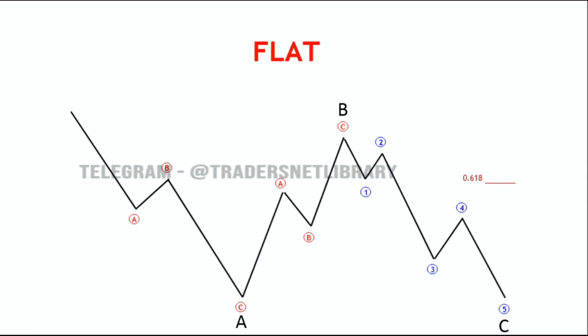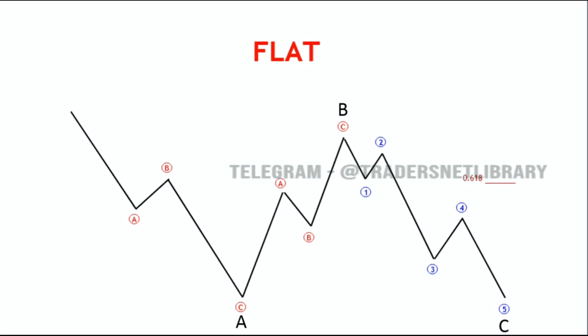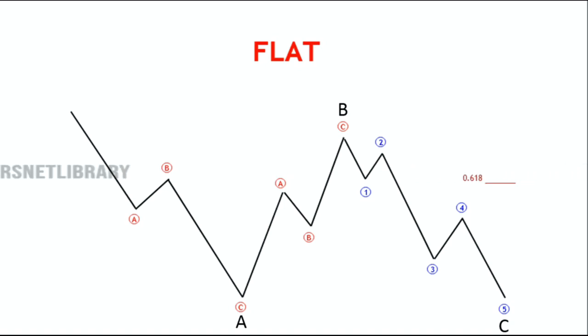But based on observation and experience obtained from currency charts, stocks, etc., wave B can correct wave A less than 61.8 and can also be a flat pattern and have a combined structure of 3-3-5.